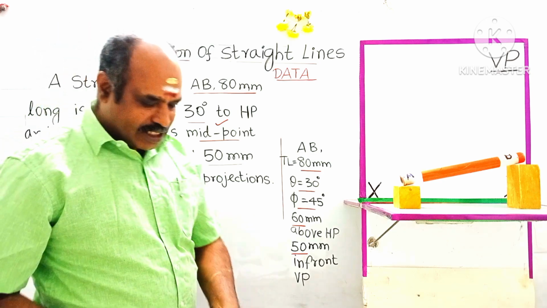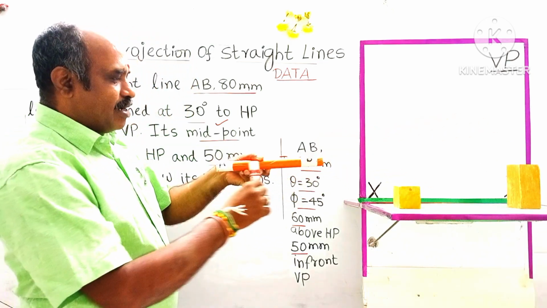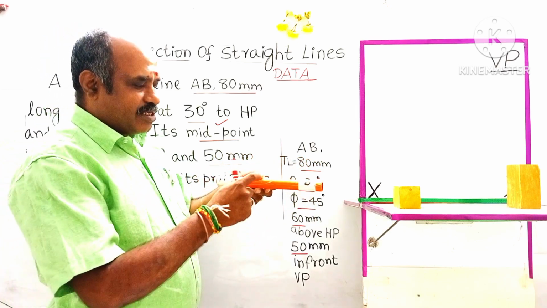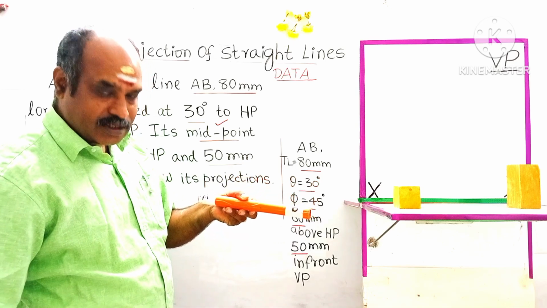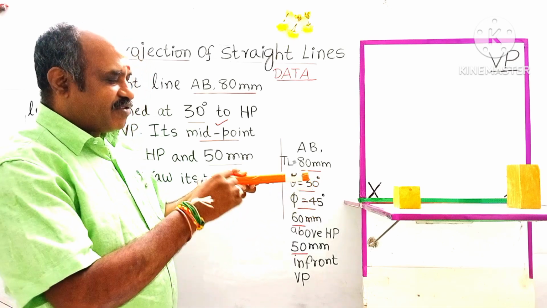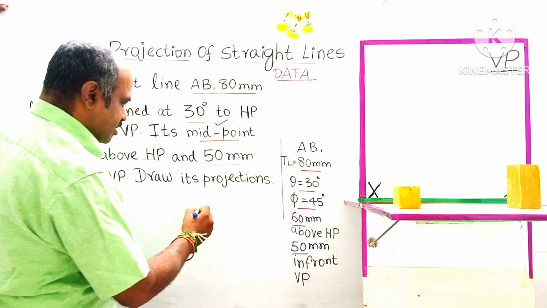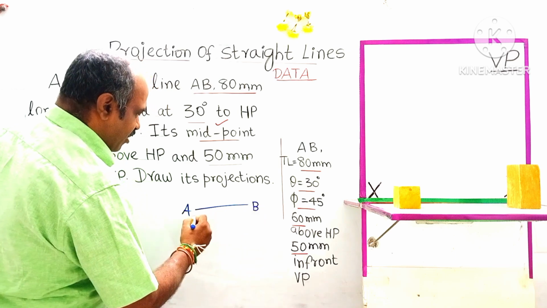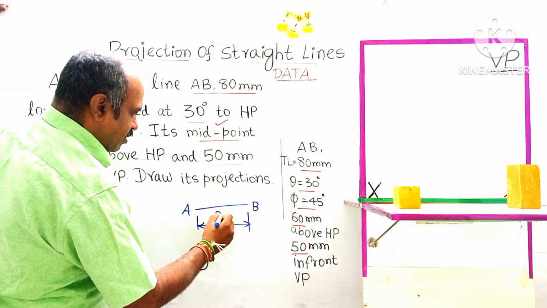Consider this a straight line of length 80 mm, given in the question as the true length. Consider a point at the center, which we mark as M. The end points of the straight line are A and B, and the true length is 80 mm.